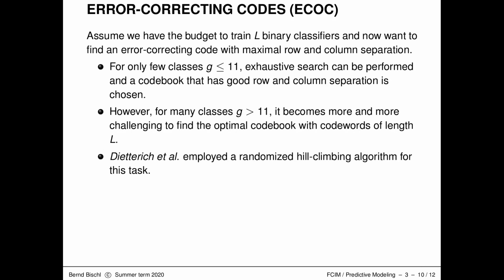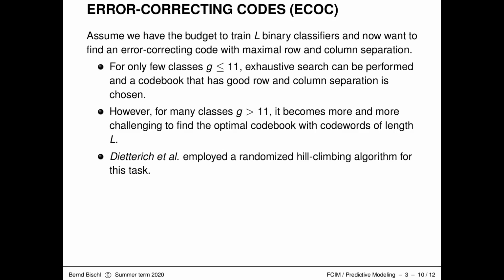Now let's assume I have a budget to train exactly L binary classifiers and want to find an error correcting output code with maximal row and best column separation. So if k is approximately 10 or less, or 11 or less, I can still run something like exhaustive search to find a codebook that has very good row and column separation.